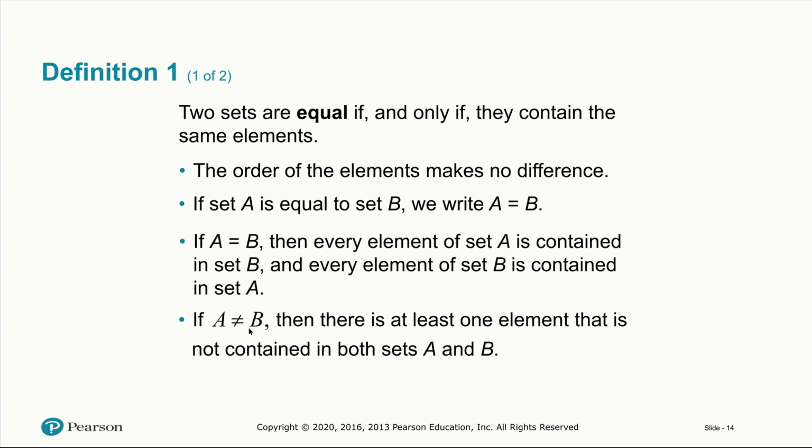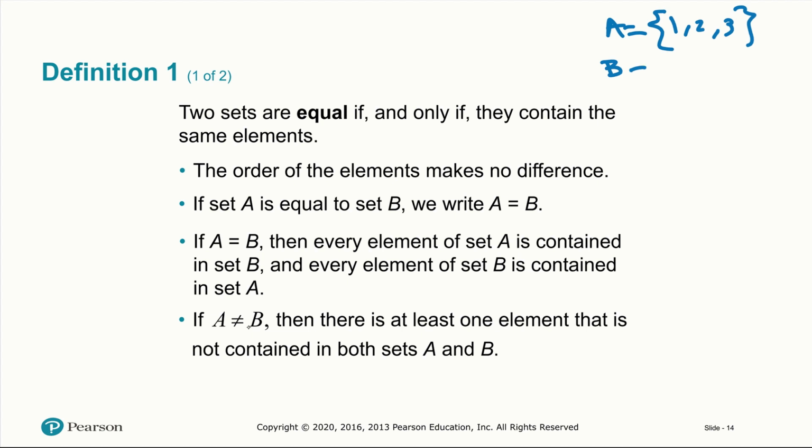Now, if two sets are said not to be equal, remember that there has to be at least one element that is not contained in both of those sets, okay? So let's take a quick look at an example. Suppose I say to you, A is the set 1, 2, 3.